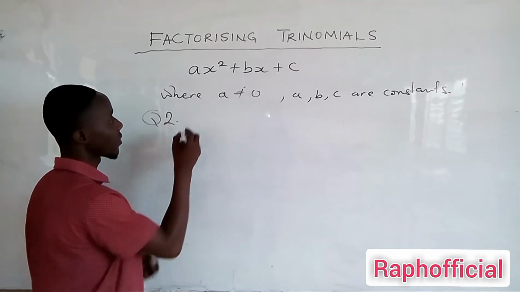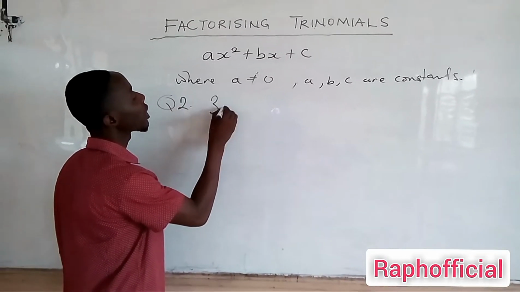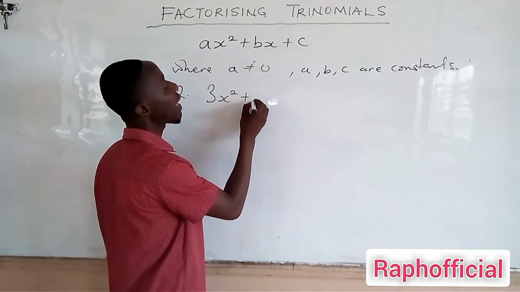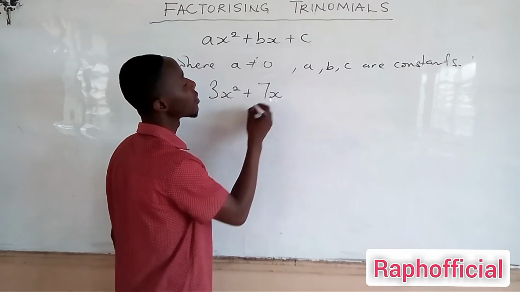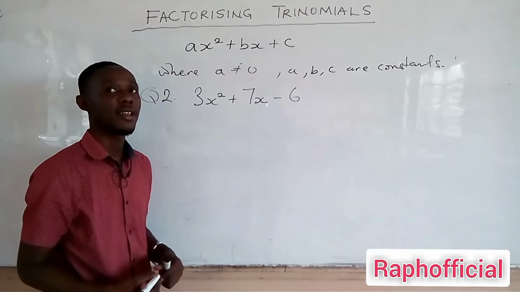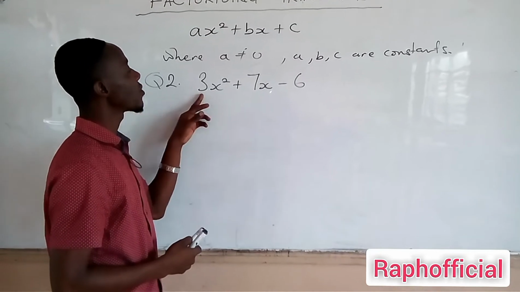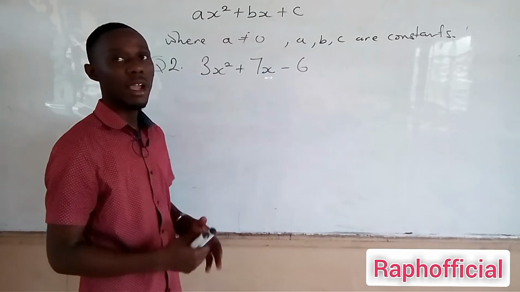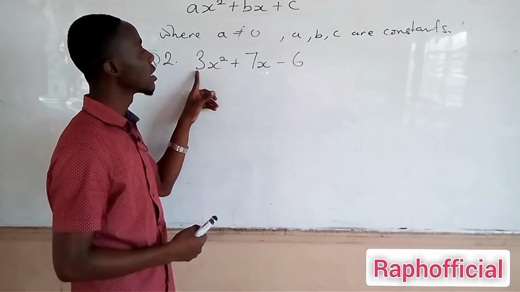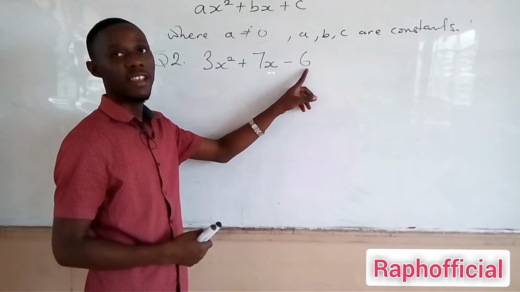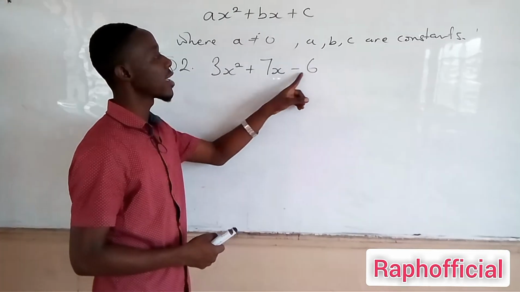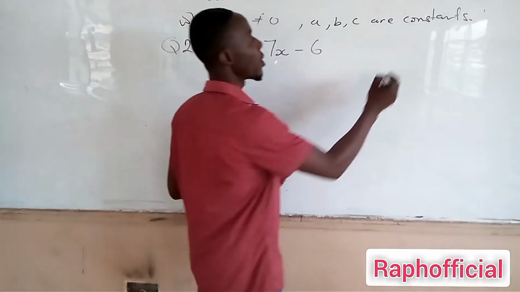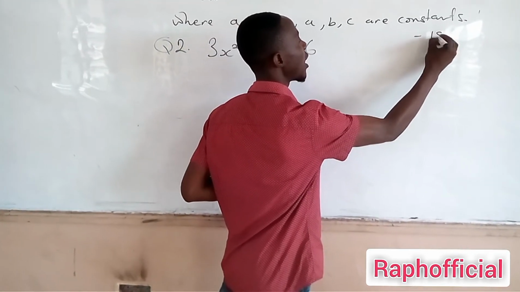Let's take a second example: 3x squared plus 7x minus 6. So our a is 3, b is 7, and c is negative 6. My first step is to multiply a by c. So 3 times negative 6 will give us negative 18.